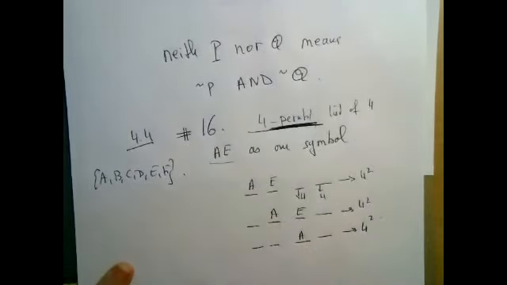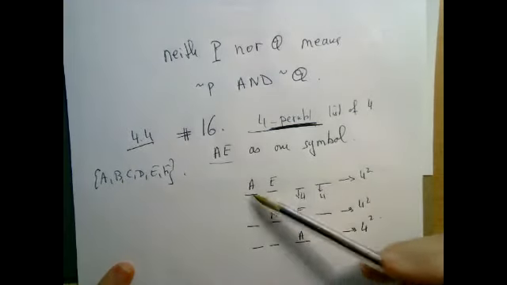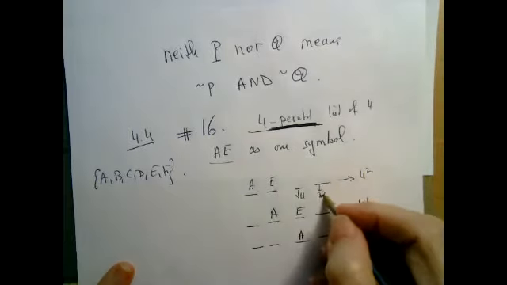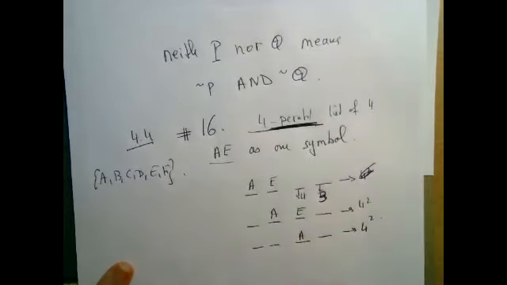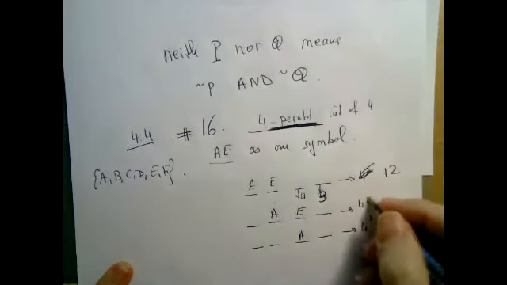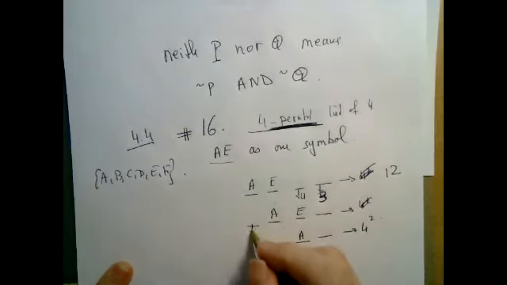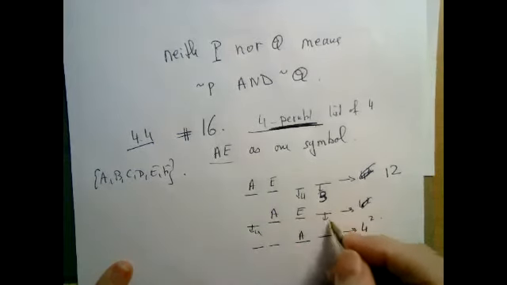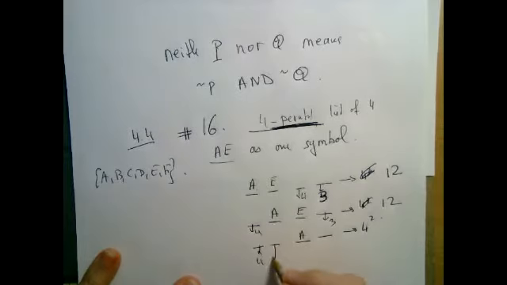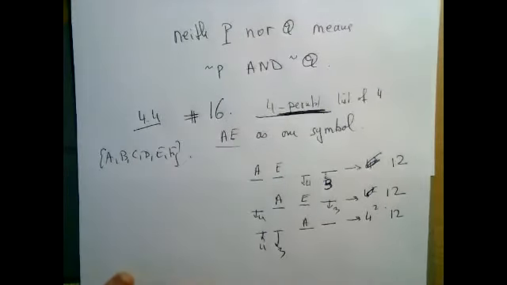If A is here, E has to follow. So I have 4 choices for this. Sorry, 3 choices, because things cannot repeat. Oh, that's right. That's okay, no problem, I did the same mistake. So 4 times 3 is 12, 4 times 3 is 12. Are we missing any case?